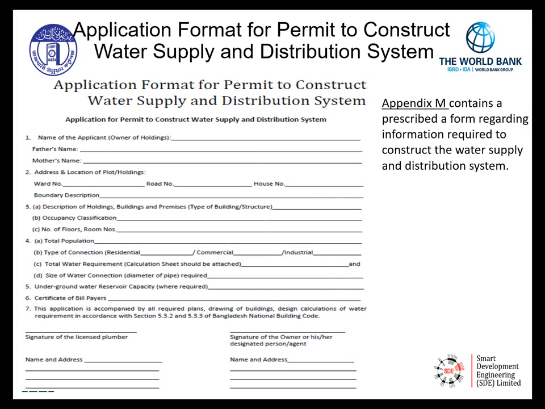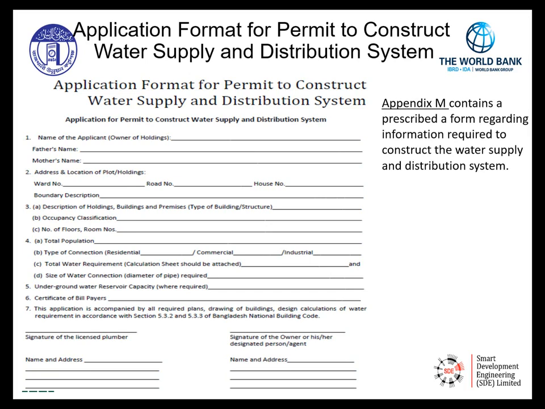Item number 1, name of the applicant, either the owner of holdings, father's name, mother's name. Number 2, the address, location of plot, holdings. Specific information like ward number, road number, house number, boundary description.